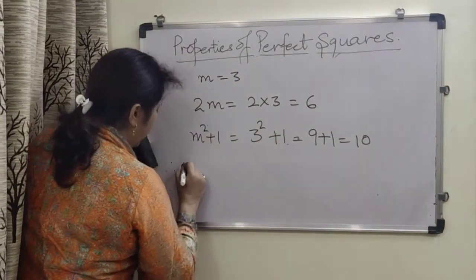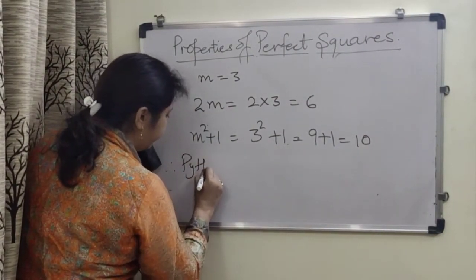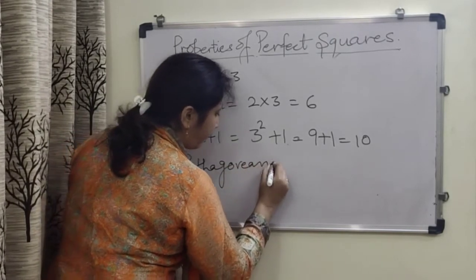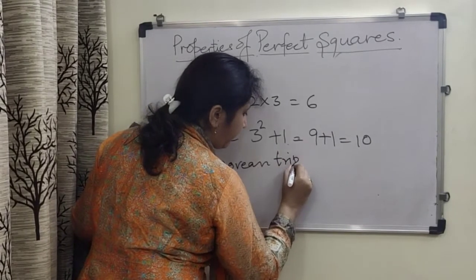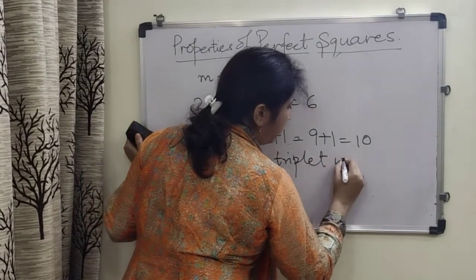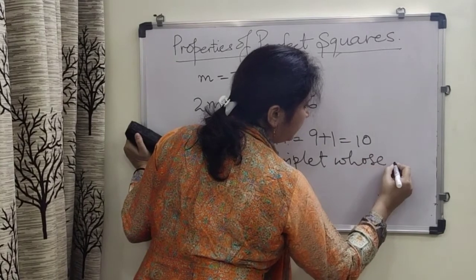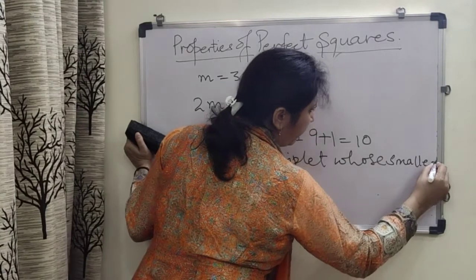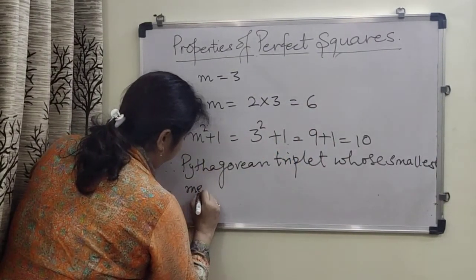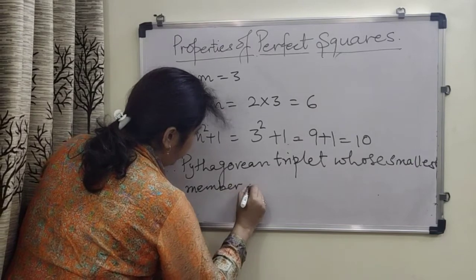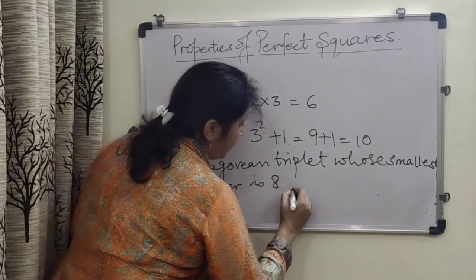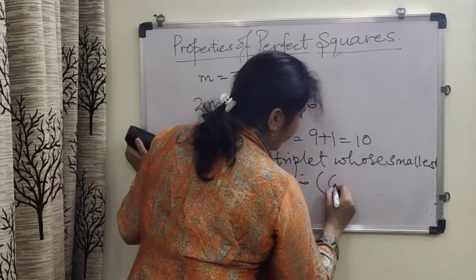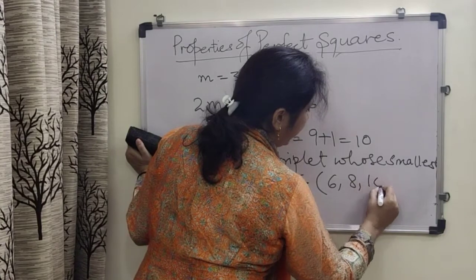Therefore, the Pythagorean triplet whose smallest member is 8, what we have got is 6, 8, 10.